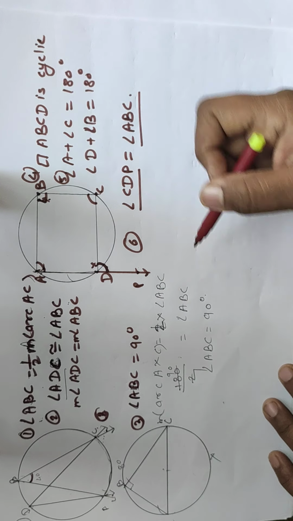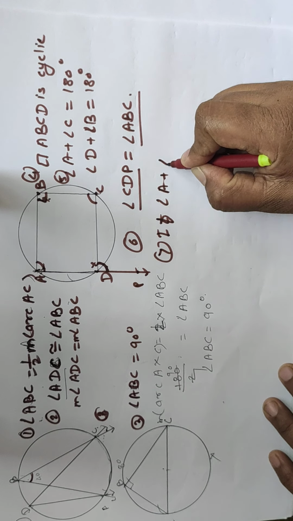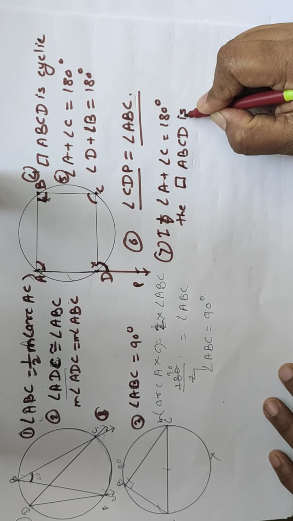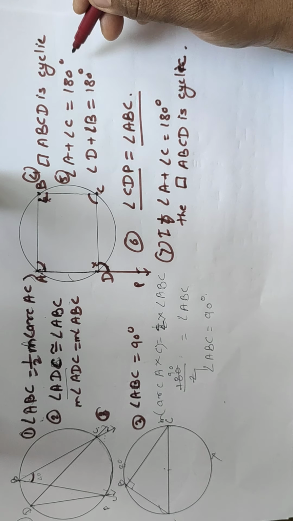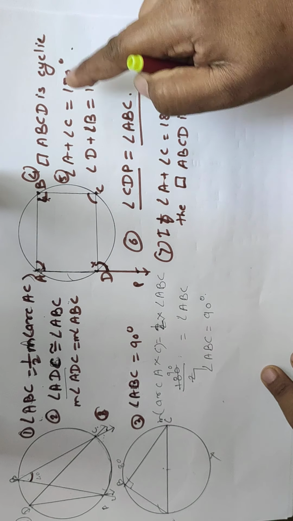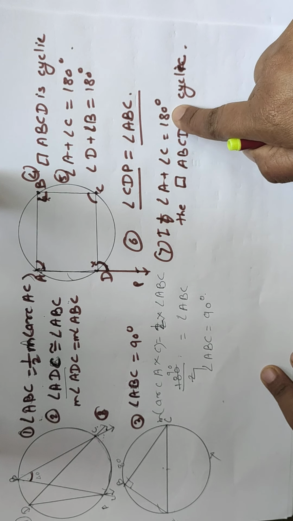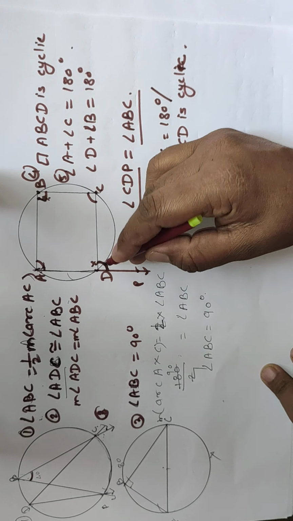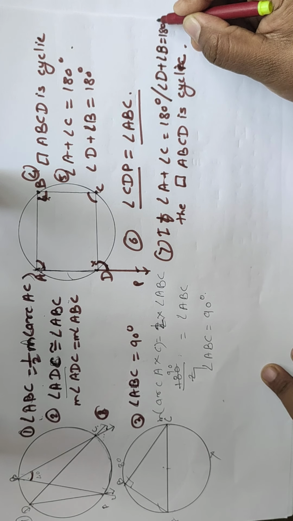Here the seventh is: if angle A plus angle C is equal to 180 degrees, then quadrilateral ABCD is cyclic, that we studied. If ABCD is cyclic, then opposite angles are supplementary, and if a pair of opposite angles is supplementary, then ABCD is cyclic. Or you can write angle D plus angle B is equal to 180 degrees.